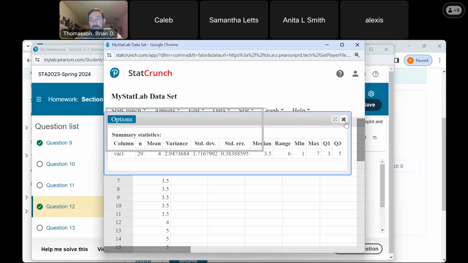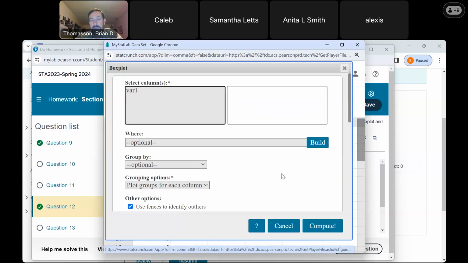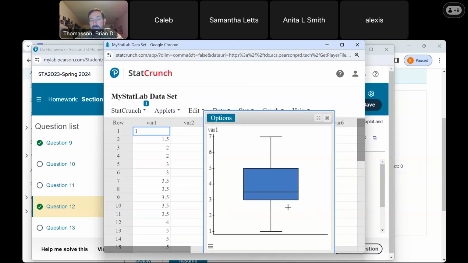They also want us to build a box plot, which is under graph and box plot. If we select that variable and hit compute right off the bat, it's going to draw the box vertically, which is fine, but MyStatLab and the book do it horizontally.